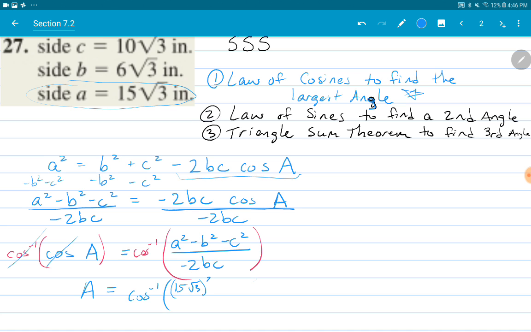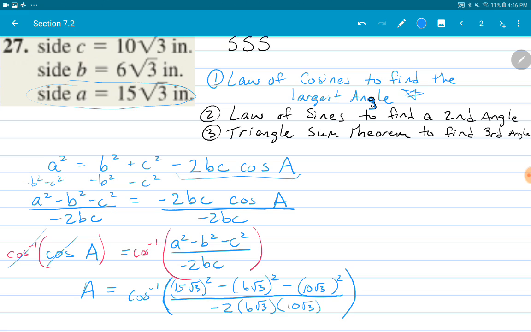All that squared minus B, which is 6 radical 3, squared minus C, 10 radical 3, squared, all over negative 2 times B, which is 6 radical 3, and C, which is 10 radical 3, and the cosine inverse of all that.